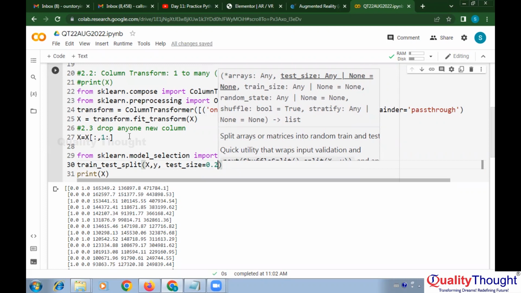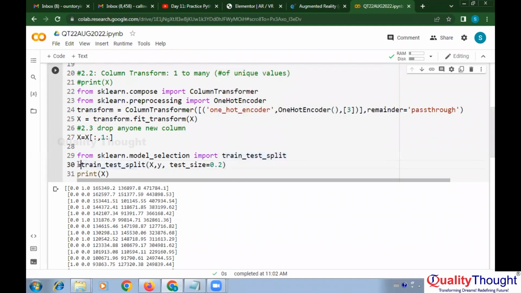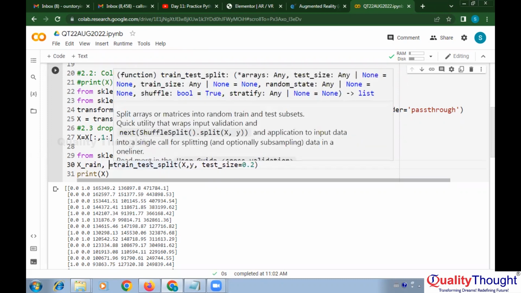So this function is ready. It is going to give us 4 different values, and we have to save those 4 values. What is the first value? The first value is called X_train. X is divided into two parts, and y is also divided into 2 parts.